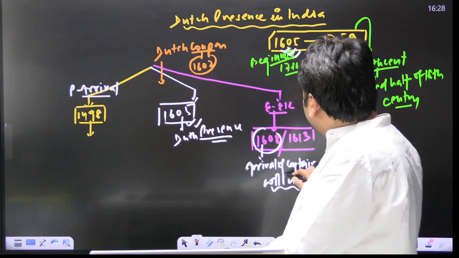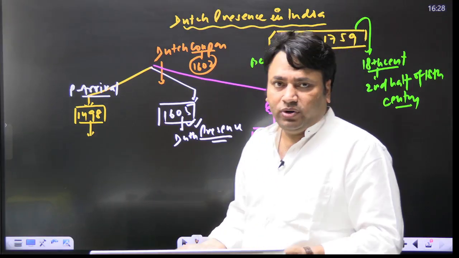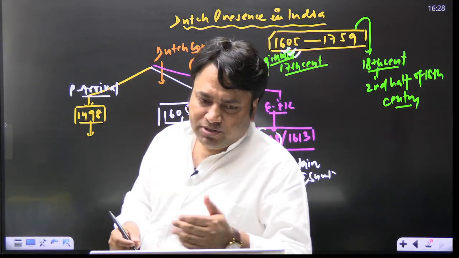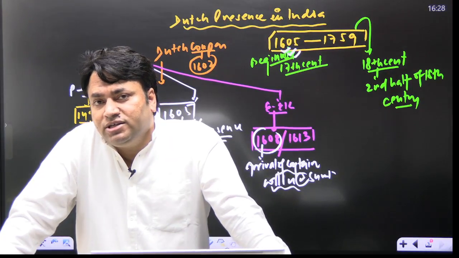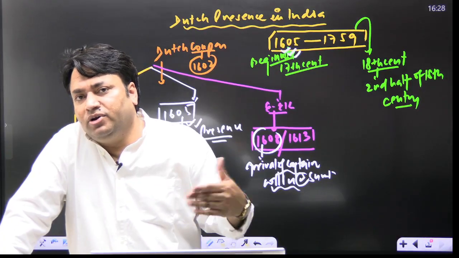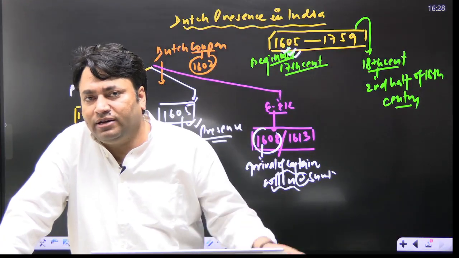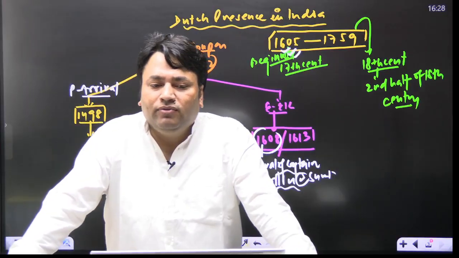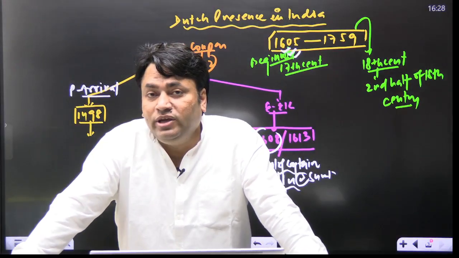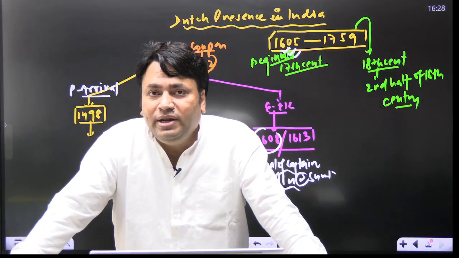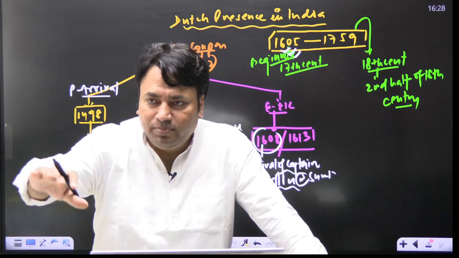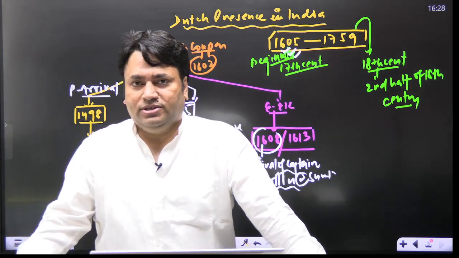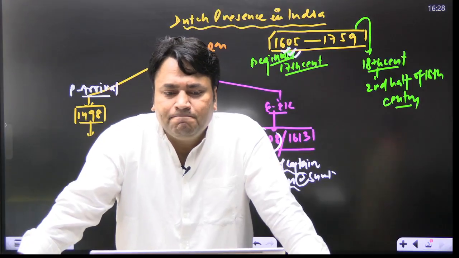And why did Captain William Hawkins come to Surat? Obviously, he came here to meet the central authority, that is the Mughal Emperor. And who was the Mughal Emperor at that time? The Mughal Emperor was Jahangir. So he came here to meet Jahangir and to get trade permissions and relaxations.